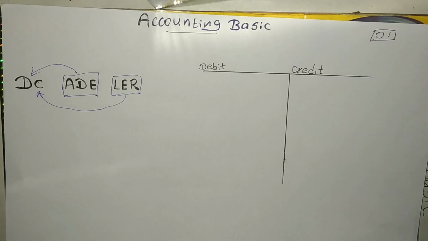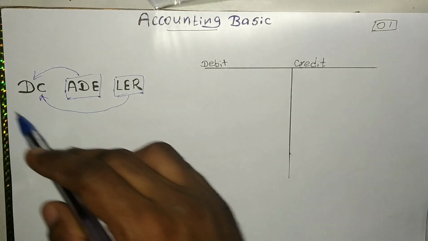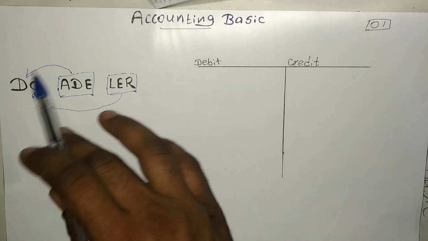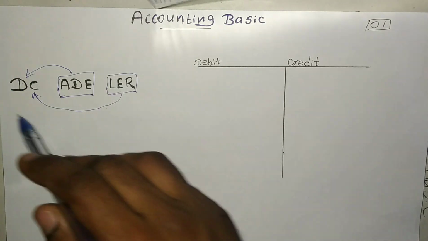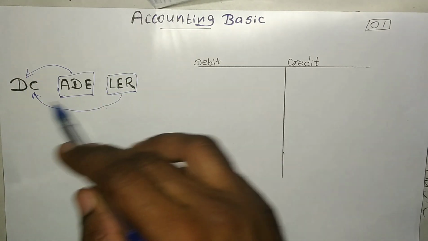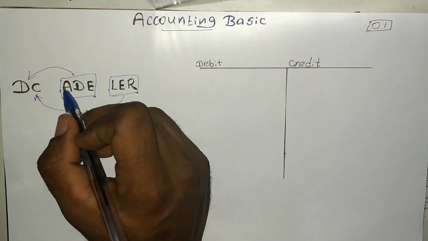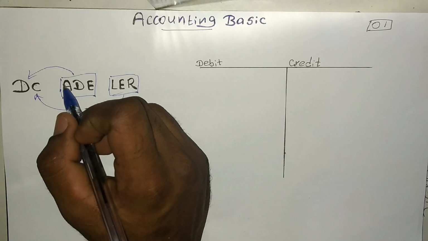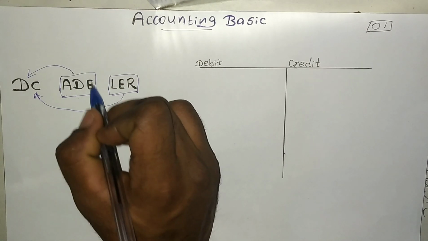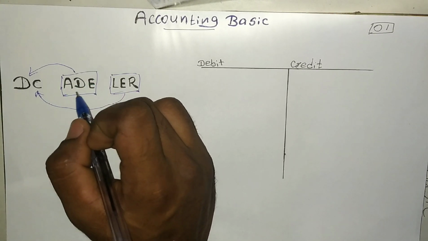Now we divide this formula into a T ledger: ADE going into D, Ler going into C. Now we know what DC is: D means debit, C means credit, and ADE goes into debit, Ler goes into credit, represented in a T ledger. Now we have to name these letters.